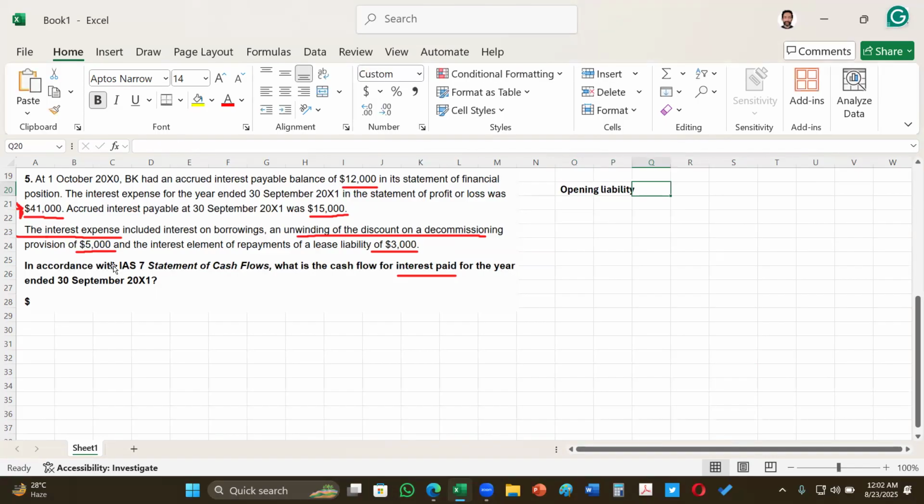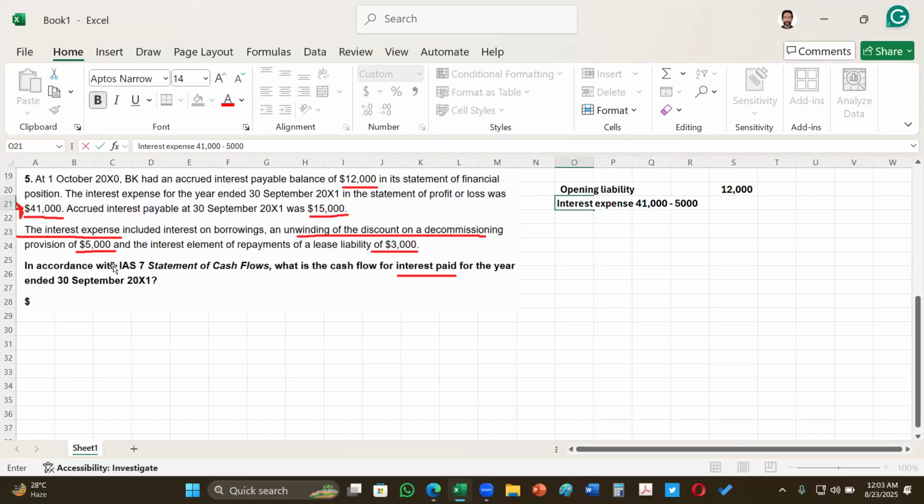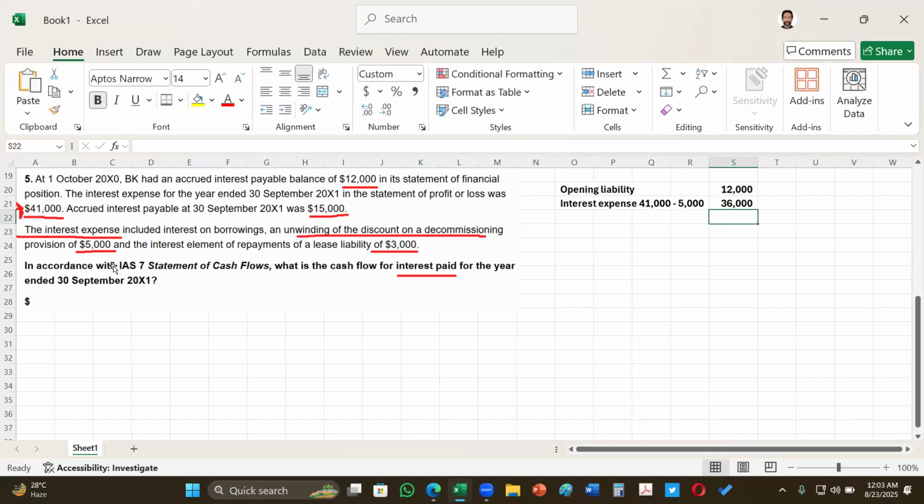No, let me explain. Let me just write the whole thing. Initially we owe them 12,000, and the interest expense is 41,000. However, it should not have the 5,000, that relates to this amount. So if we take away this one, 41,000 less 5,000, the answer is 36,000.